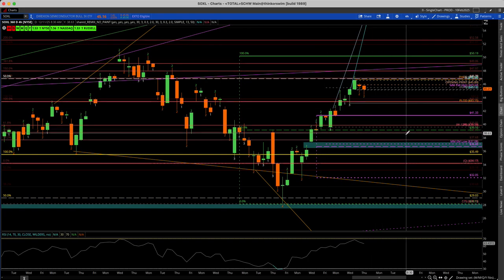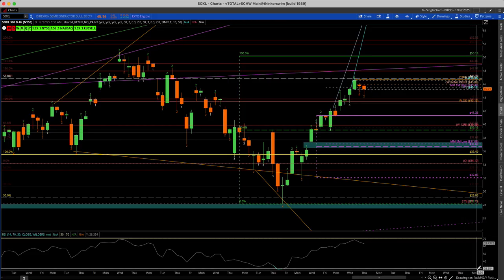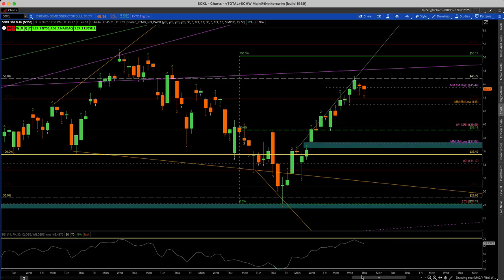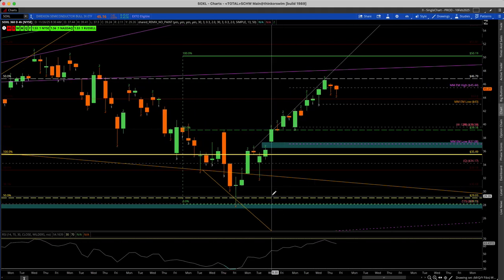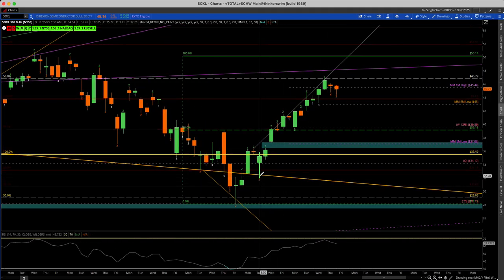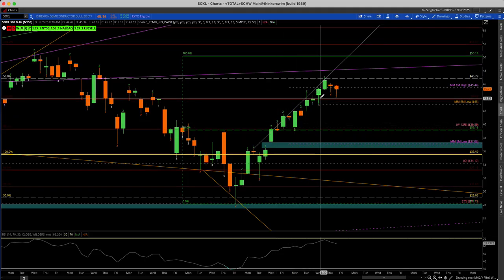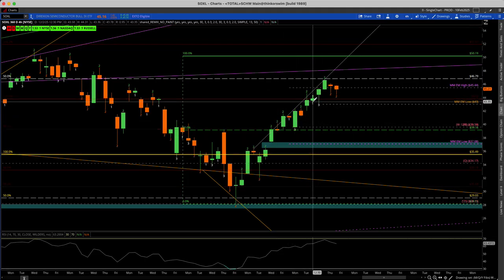From a 4-hour perspective, we talked about yesterday how we haven't really set a solid higher low, right? We bounced here with the solid higher low, but we had this soft higher low and then another soft higher low here. So it was perfectly reasonable, especially with the levels we were getting to, right?